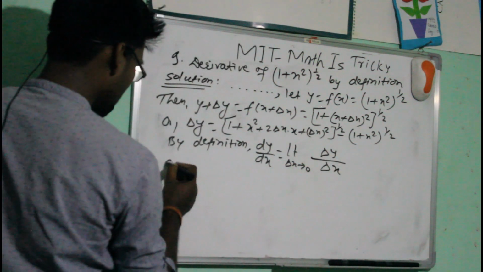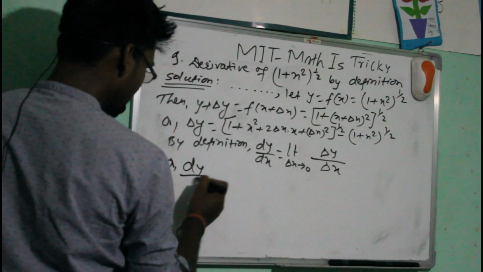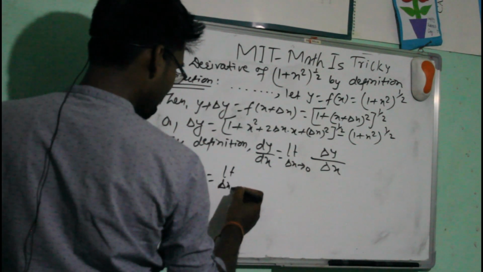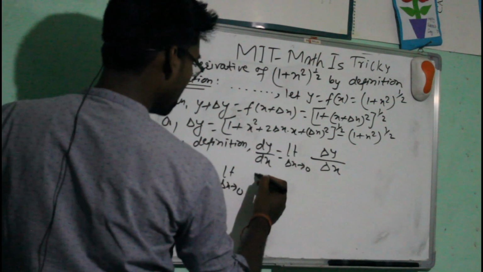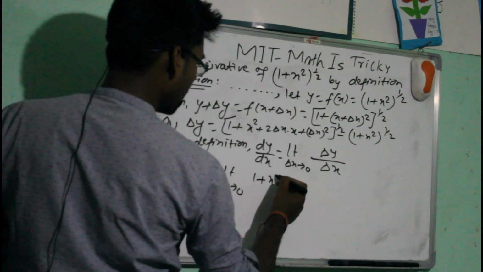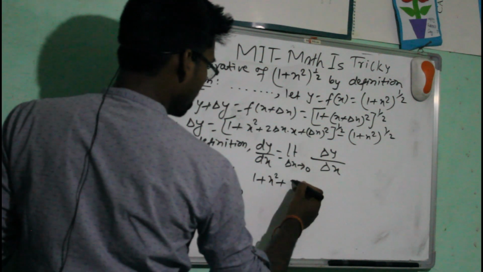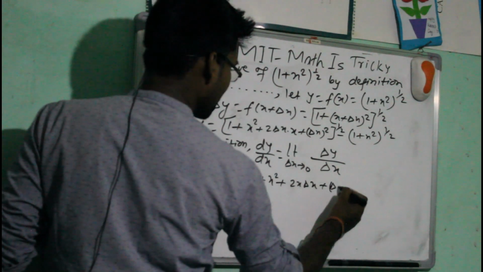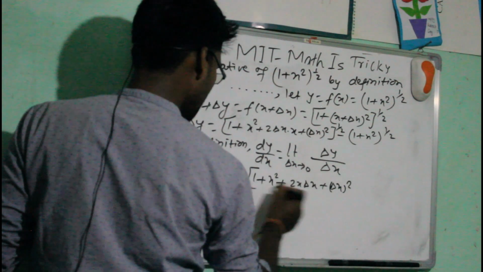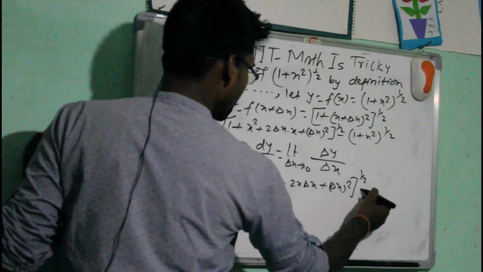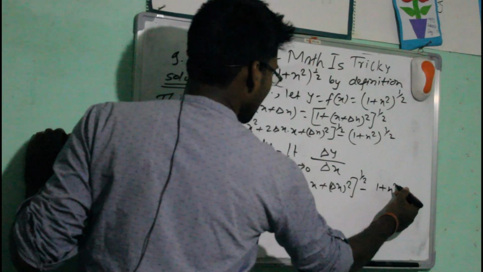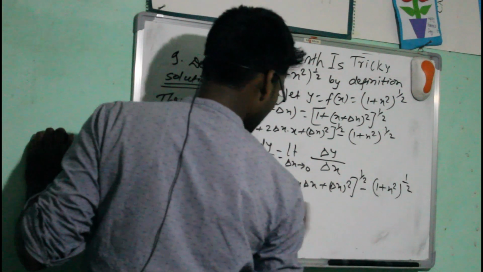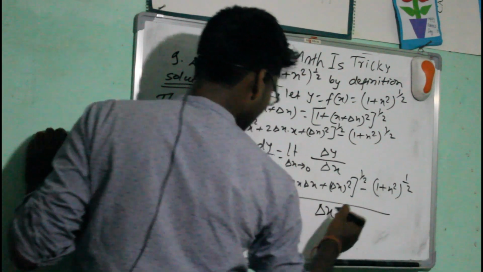So let me write like this, dy by dx is limit delta x tends to 0, and here delta y is (1 plus x square plus 2x delta x plus delta x whole square) whole to the power 1 by 2 minus (1 plus x square) whole power 1 by 2, and then there is whole by delta x.